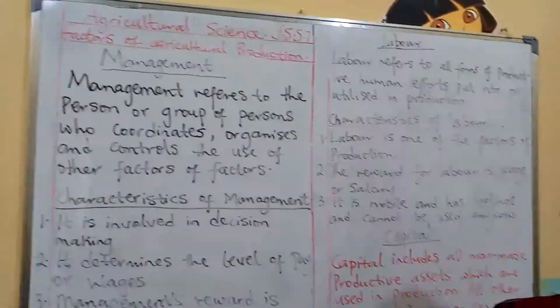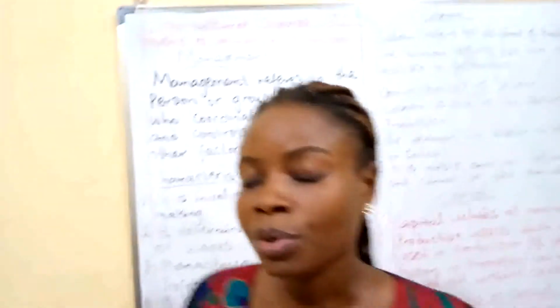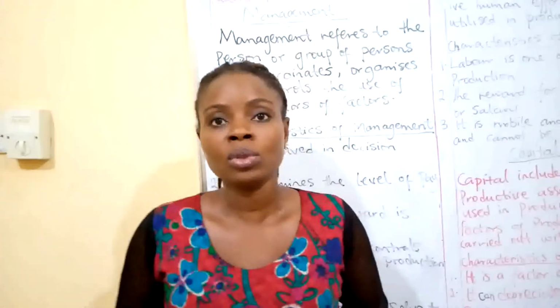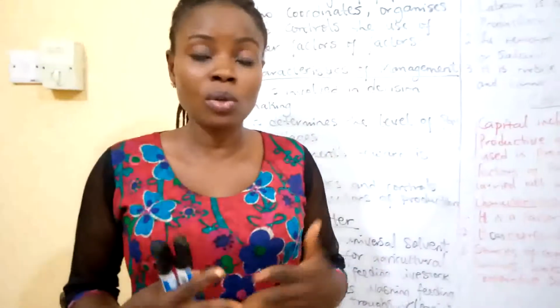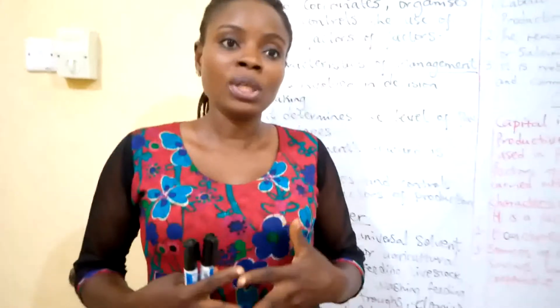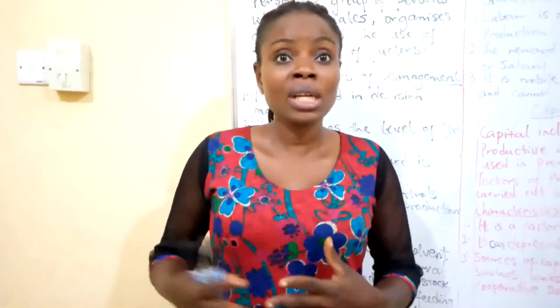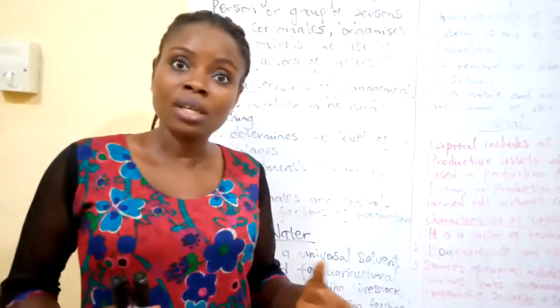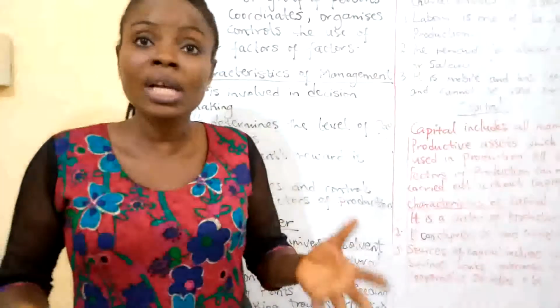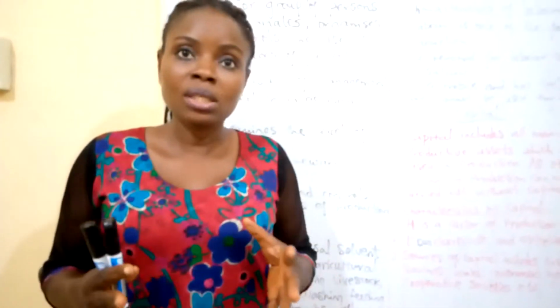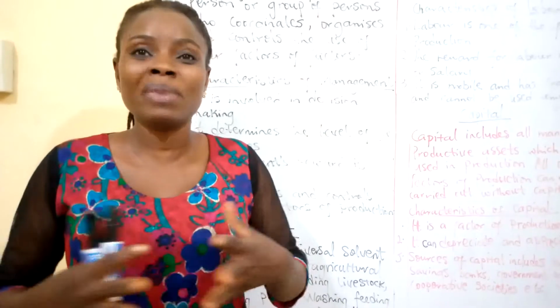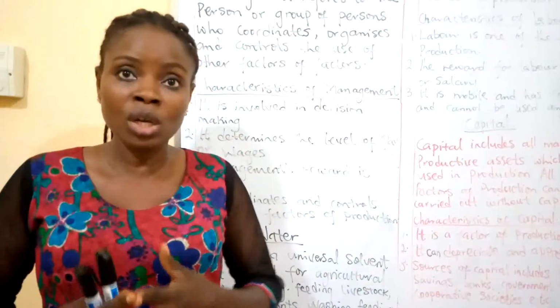What do I mean by that? In order for us to run our farm very well, we need people like what you like to call the managers. You need an assistant manager, an accountant, a cashier, and workers. All of these come together to form what we call the management team for the efficient running of the farm.